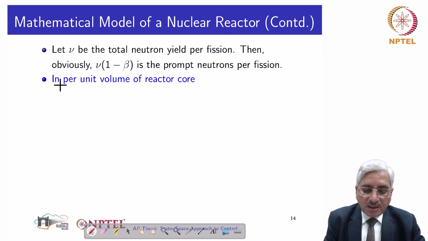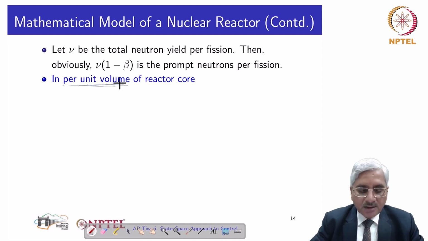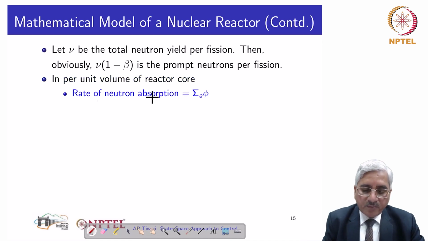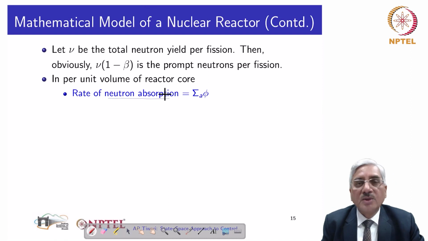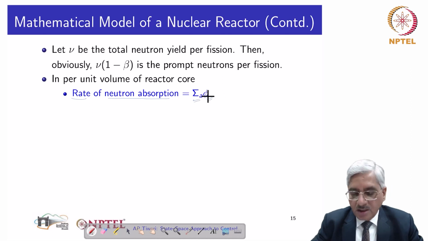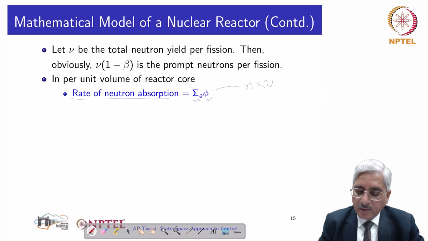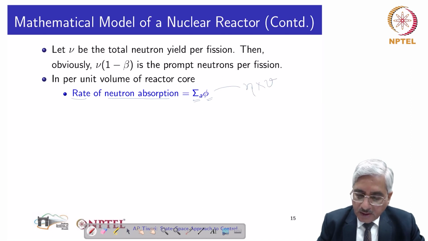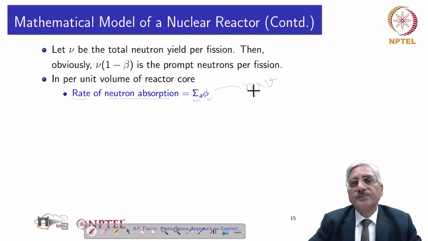If we consider a unit volume of the reactor, in one unit volume neutron absorption is going on, and its rate is given by the neutron absorption cross section times the neutron flux. Neutron flux is neutron density multiplied by neutron velocity. Neutron density we denote by eta in this lecture.